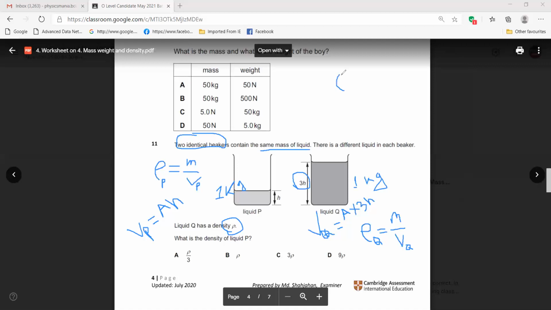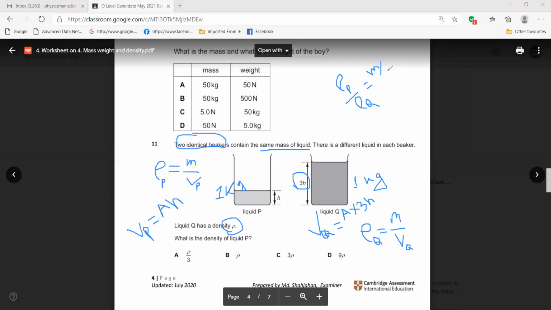So here we are writing rho P by rho Q. We are taking the ratio of these two equations we got, right? Here we are getting m by VP, and VP means AH.